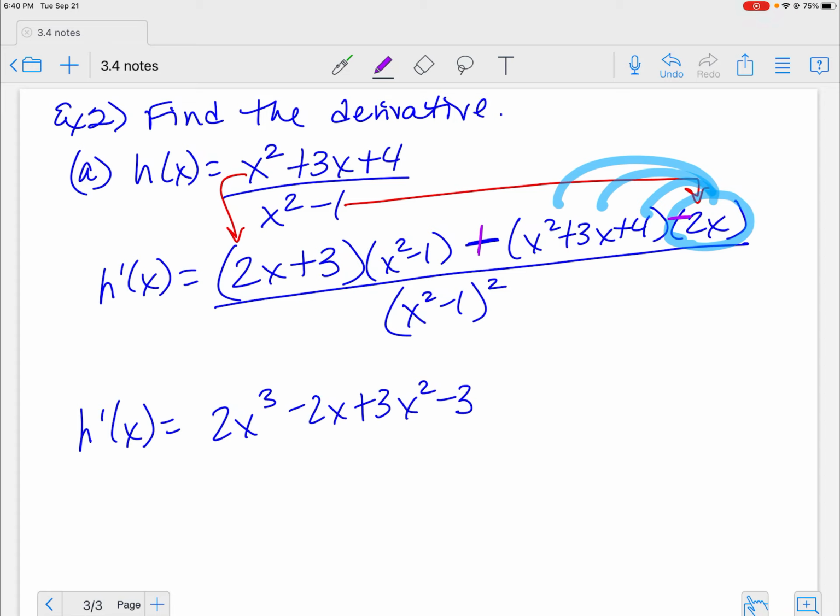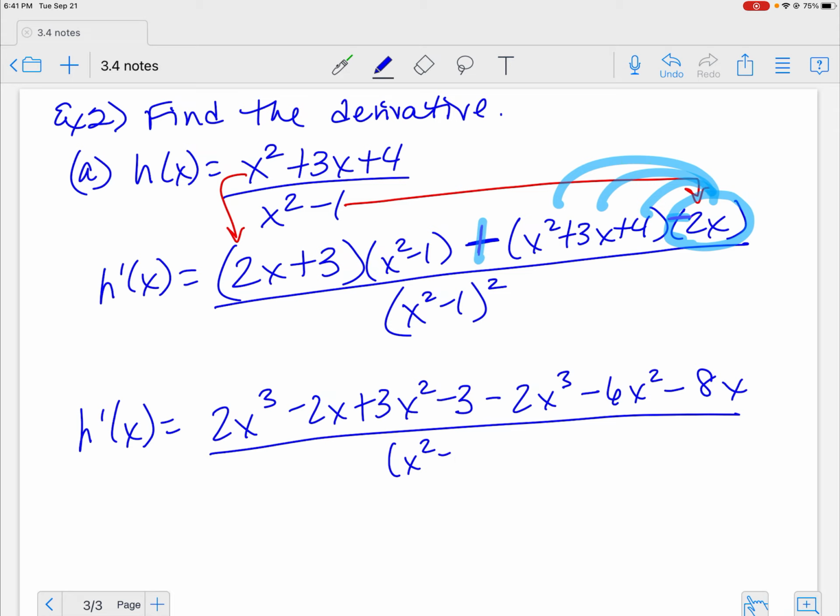And I'm going to distribute a negative 2x just so that I can do it all at one time. So when I do this distribution, I'm going to make that a plus, make that a minus, a negative. Then I'm going to distribute that negative 2x. That way I don't have to do double. So negative 2x cubed minus a 6x squared minus 8x all over x squared minus 1 squared.